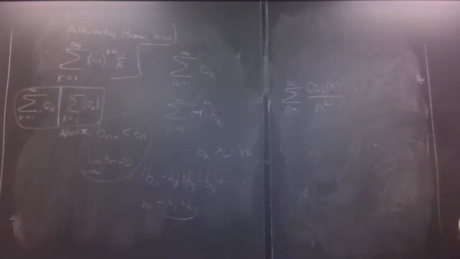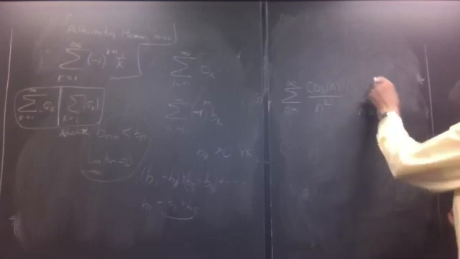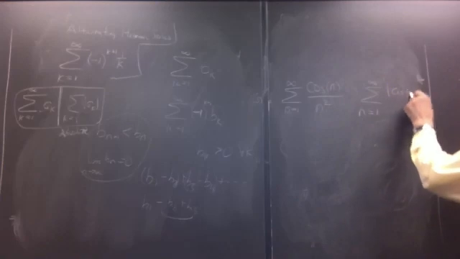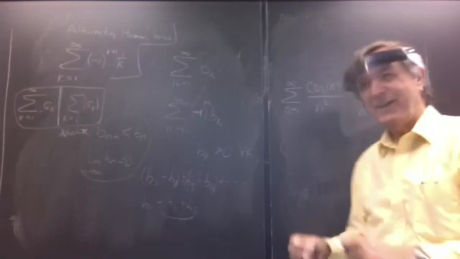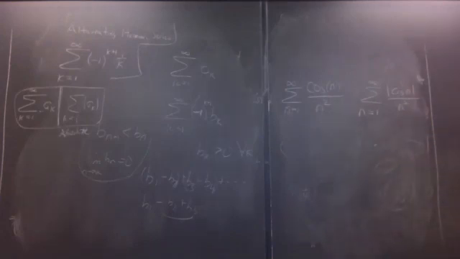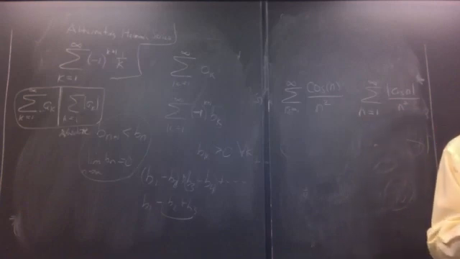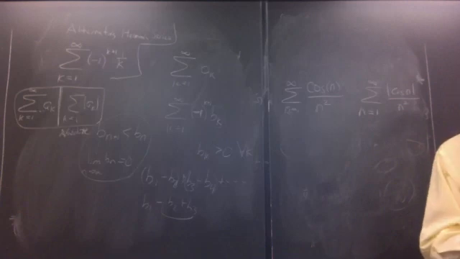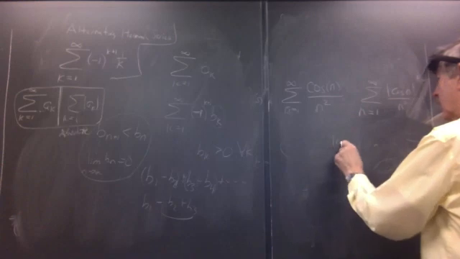But, aha, new section. We know we can do this. I can put absolute values around the thing. Now it's all positives. Now, with all positives, I have comparison tests with all positives or non-negatives. And the following is true.